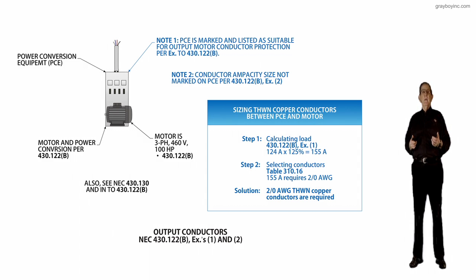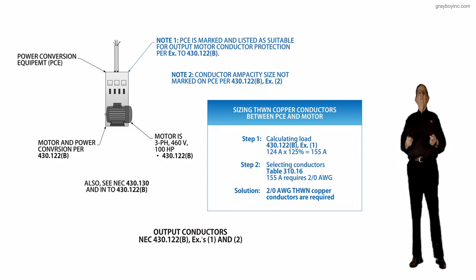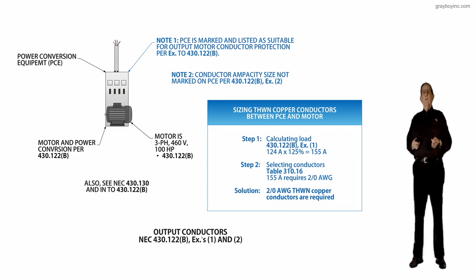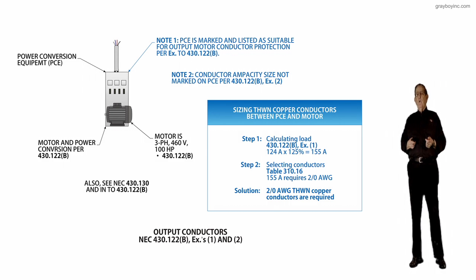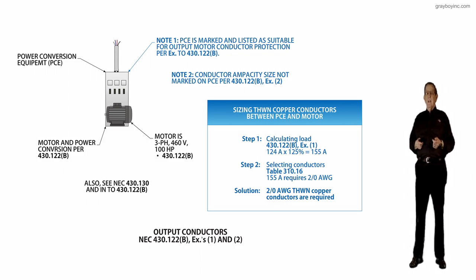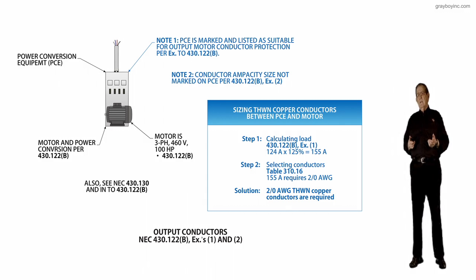reminder here that for PCE supplying and controlling adjustable speed drive motors, we really should review 430.122A and B with its exceptions and so forth to understand what's really taken place in this new subdivision or subsection.